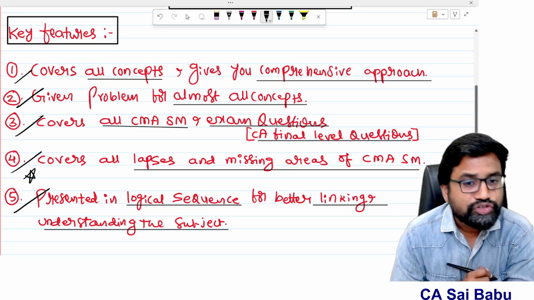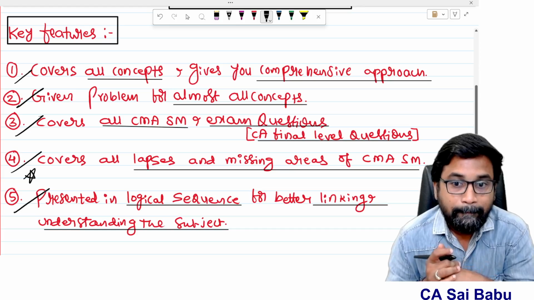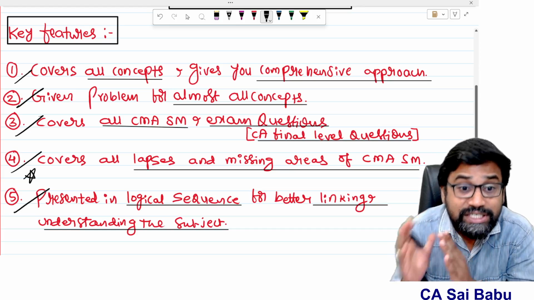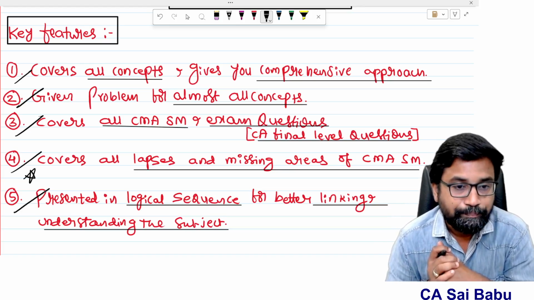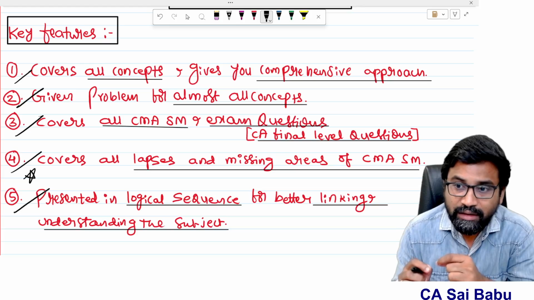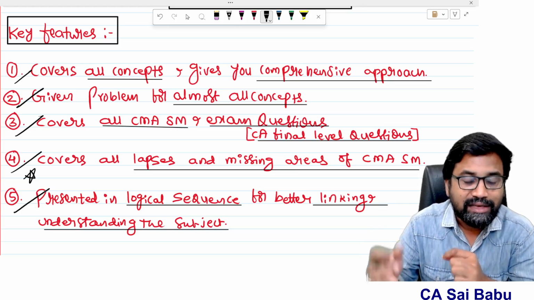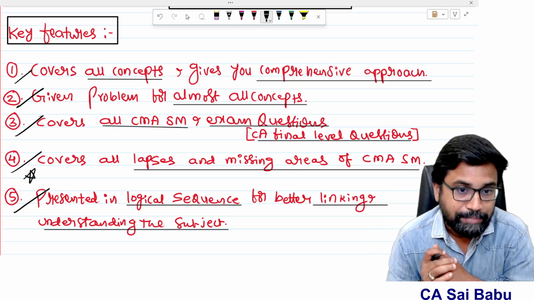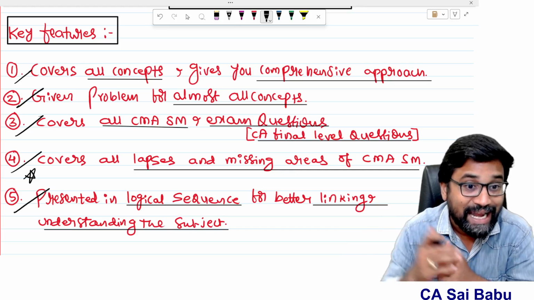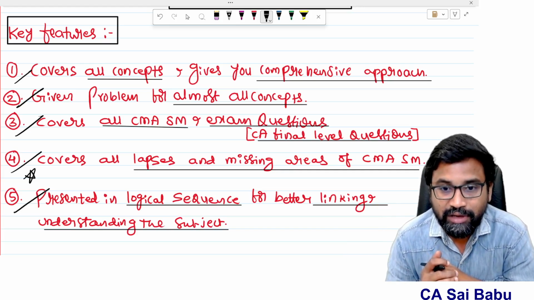And the last feature of this book is that it is presented in a logical sequence for better linking and understanding of the subject. I believe learning in a progressive manner is very, very important. How to approach a particular chapter, how to approach a particular standard is very important.